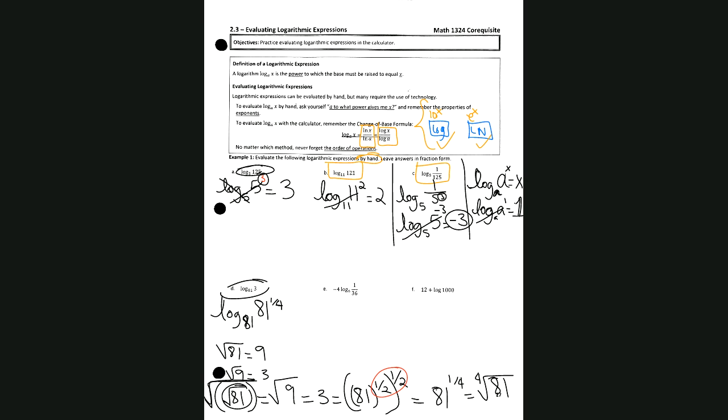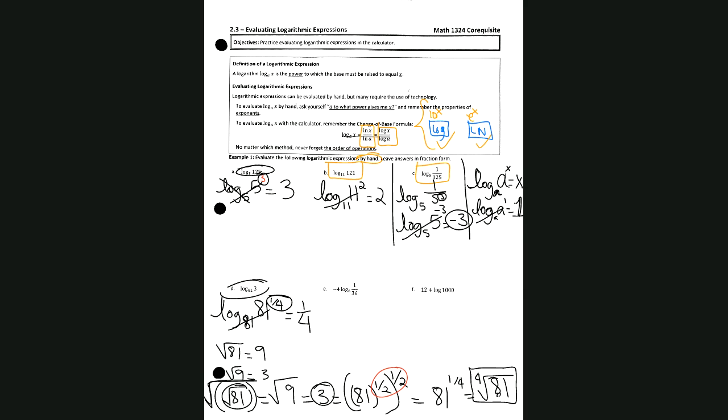If you put that on the calculator, you will see that you get 3. The answer will be 1/4. So if you raise 81 to the power 1/4, or you take the 4th root of 81, the answer is 3.